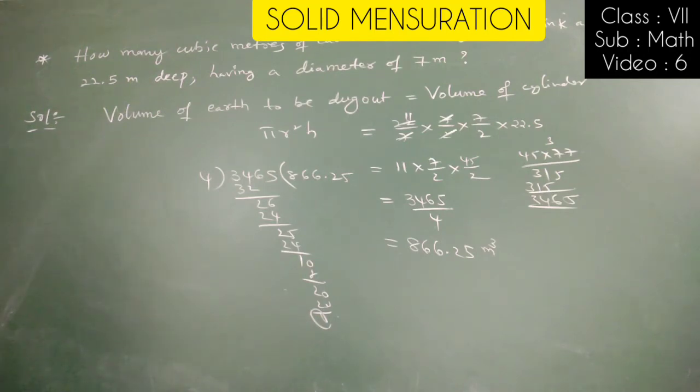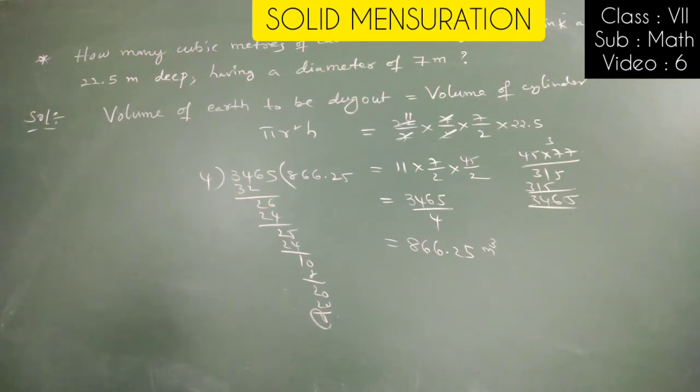Here 22 by 7 into r, diameter 7 is given, r is 7 by 2, r square 7 by 2, 7 by 2, h is 22.5. After simplification of the numerator we got 3465, then denominator 4. If you divide, then you will get 866.25 cubic meters of earth to be dug out. Then we will continue.